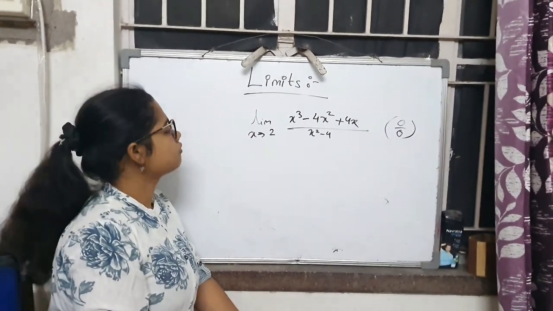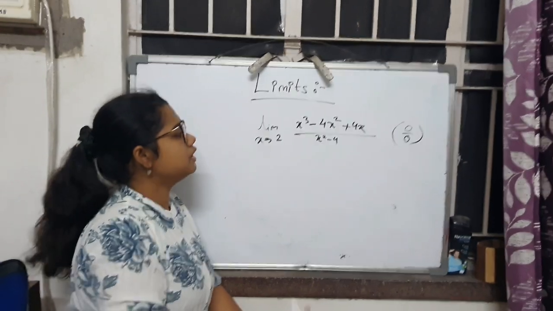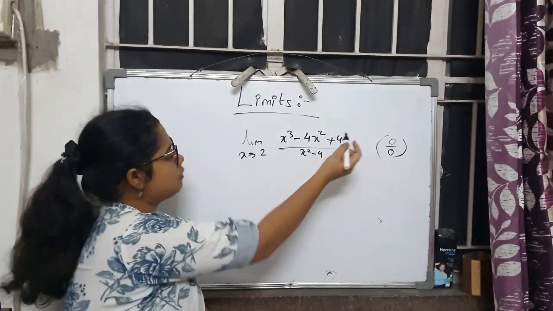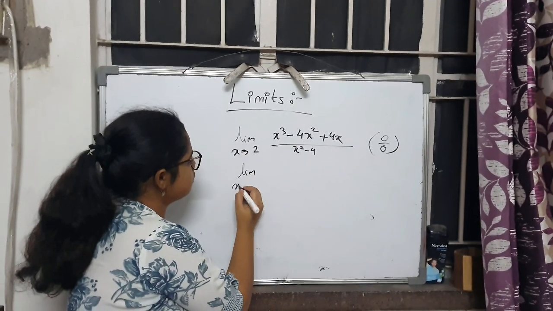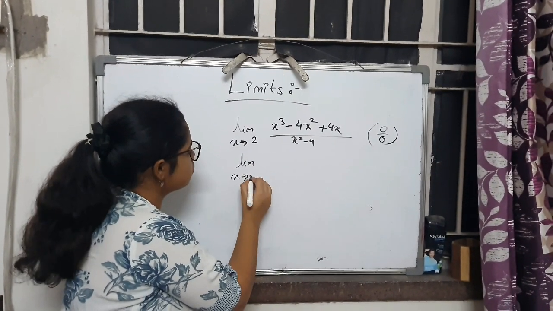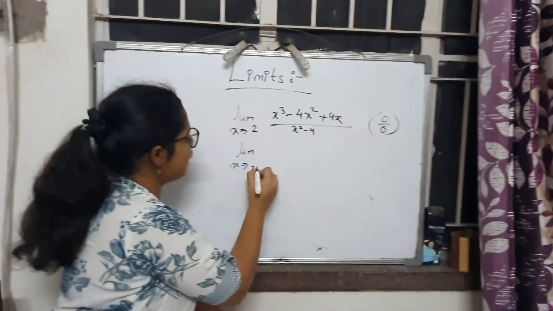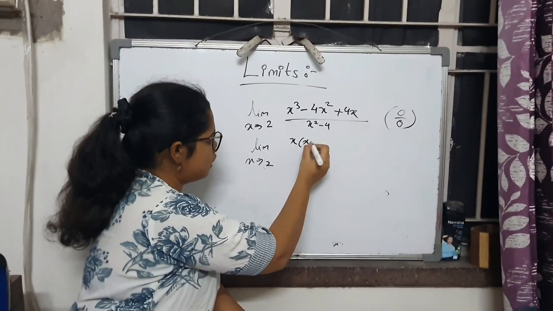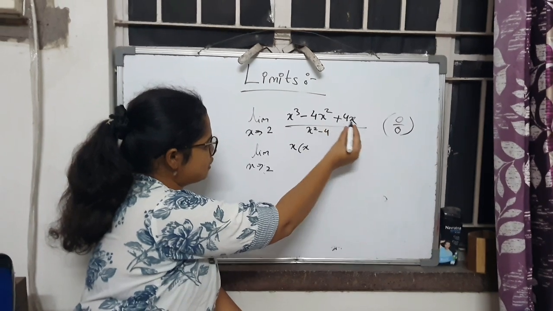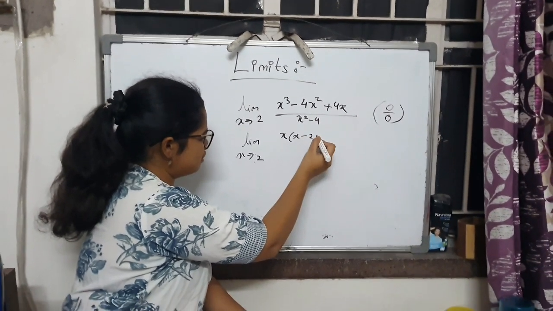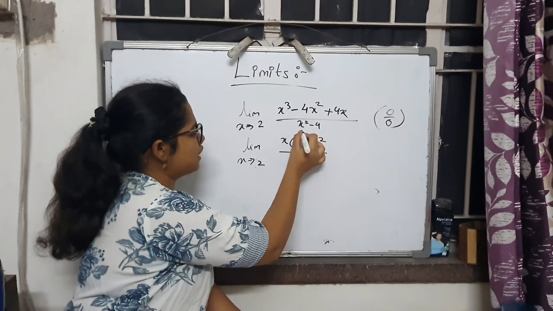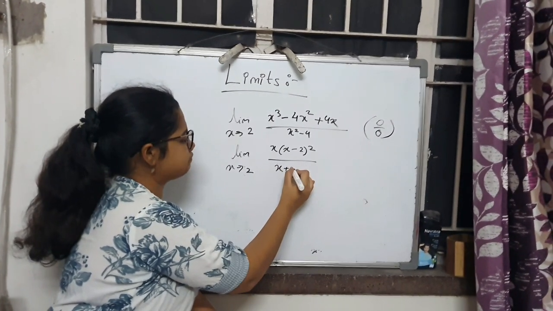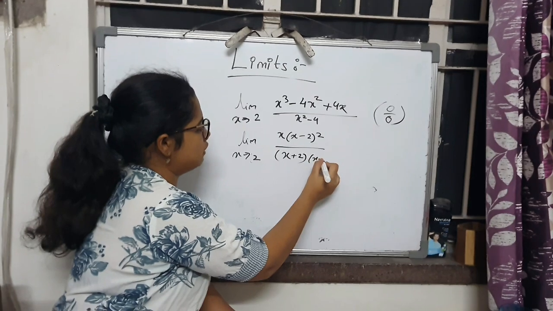What we can do is simply simplify the expression. Look at the numerator portion, it can be factorized. So I'm just going to factorize that. If you simply take x common, we are going to have x times x square minus 4x plus 4, which gives x into x minus 2 square, divided by x square minus 4, a square minus b square, which is a plus b into a minus b.